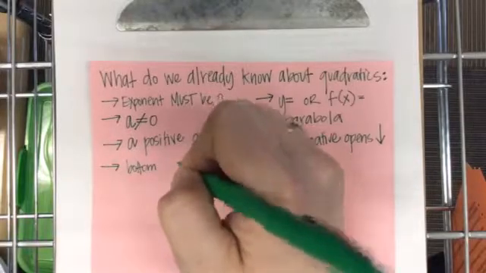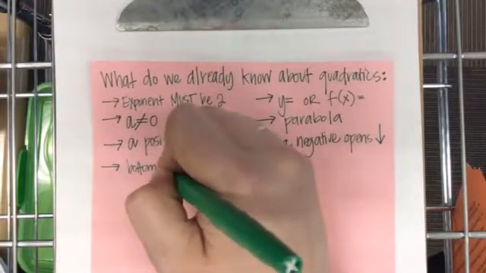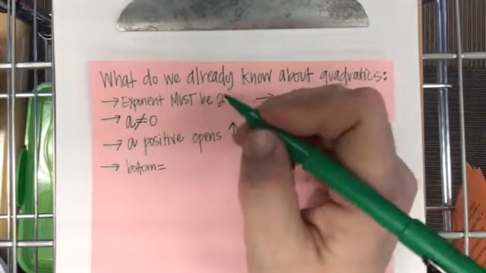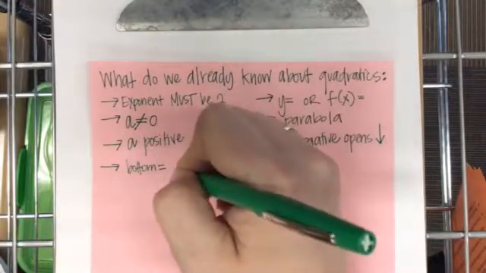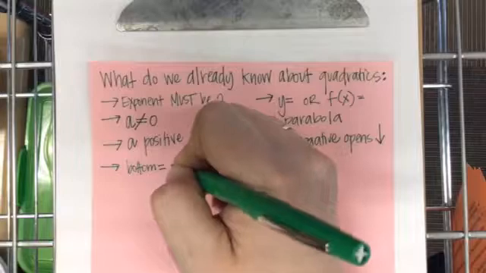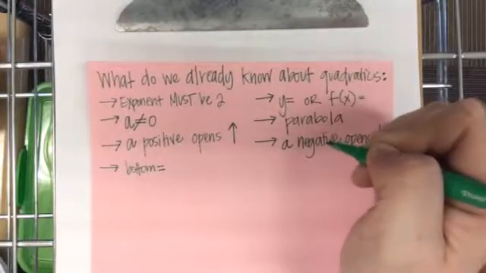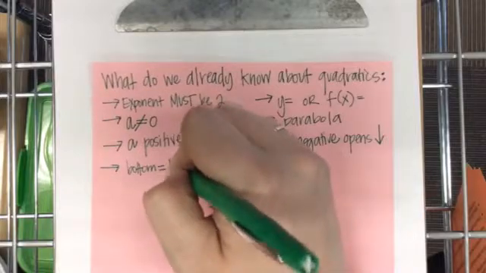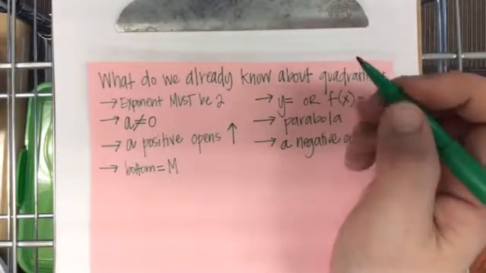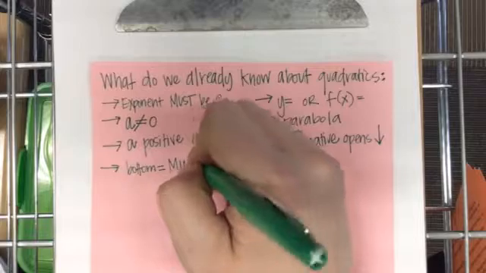The bottom of a parabola is called... Is it called the y-intercept? No, not if it's going up. The minimum.